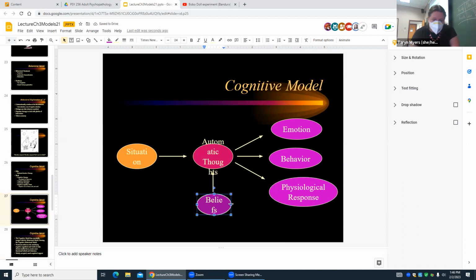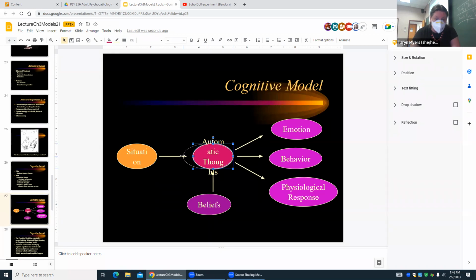So this might be things like someone who is anxious experiencing shortness of breath, lightheadedness, things along those lines. For people who are depressed, it might be things like not being able to eat or sleep properly.